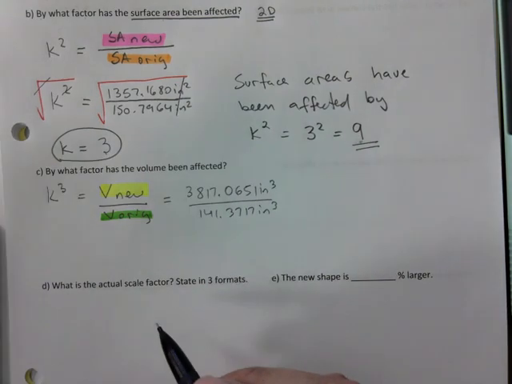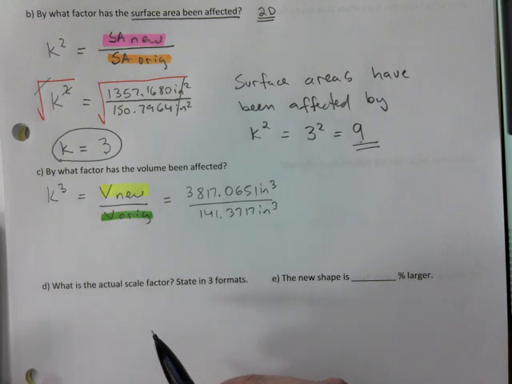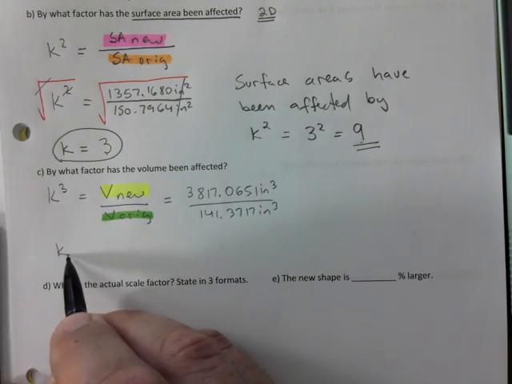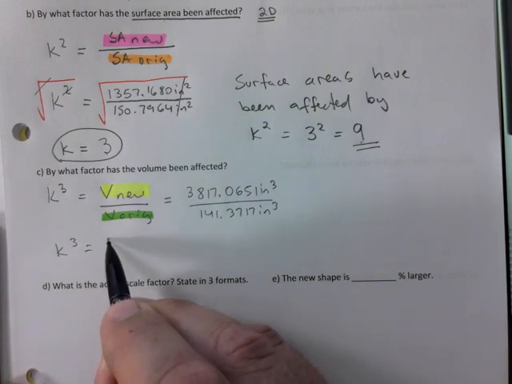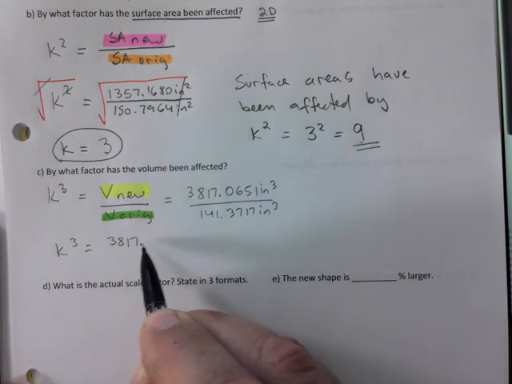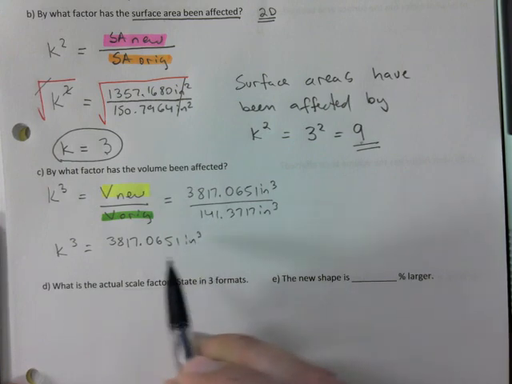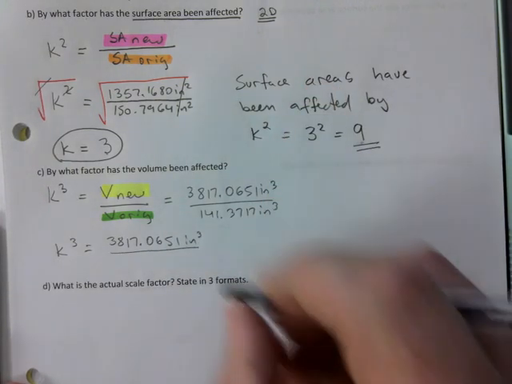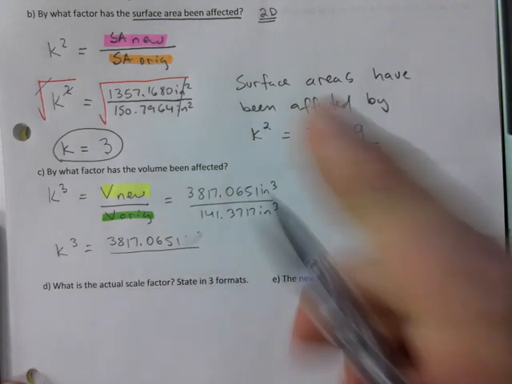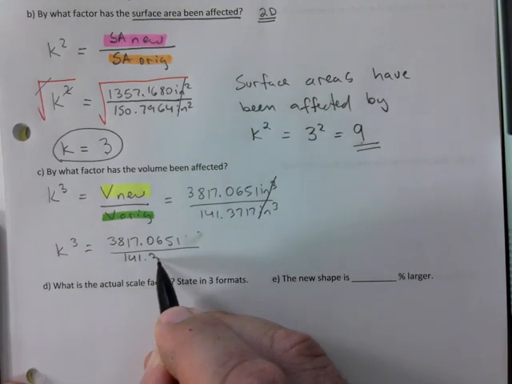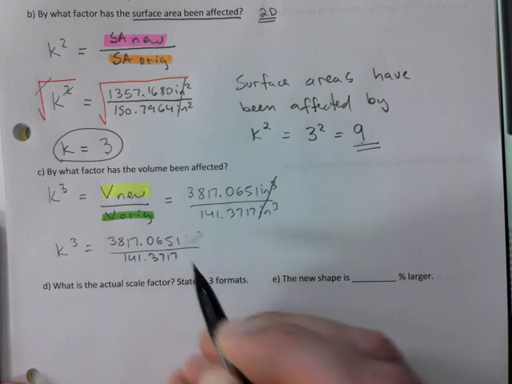And now I realize the way I want to show my work, I shouldn't have done that. I'm going to do it one more time, sorry guys, because I want to show the root. I usually just show the last step. We don't need the cubic inches, those will cancel out here. 141.3717.